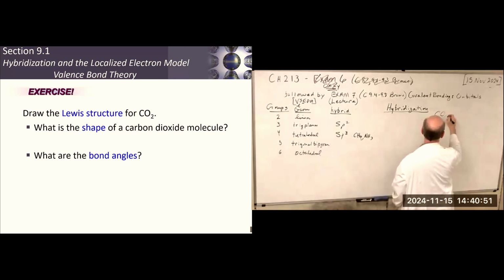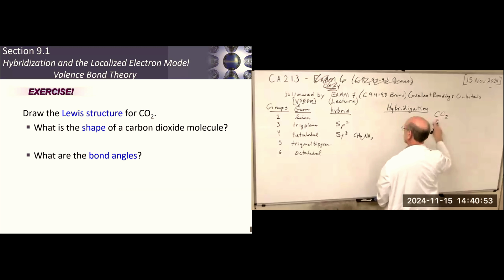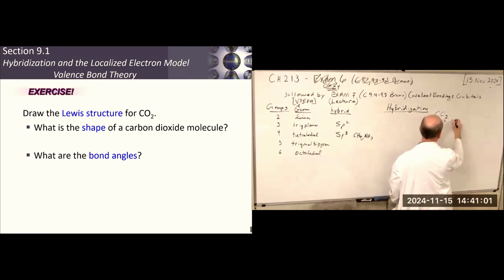Okay, CO2. We've got valence electrons for carbon, 4, and then 2 times 6 is 12. So we have 16 electrons.